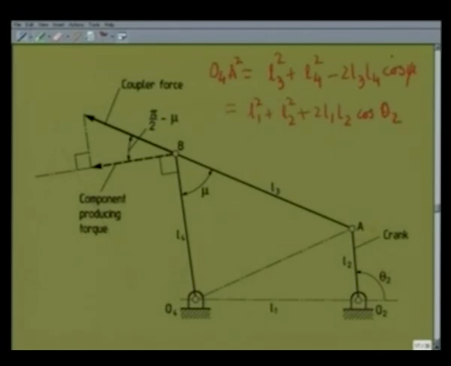If this crank rocker linkage has no quick return effect, that means L1 squared plus L2 squared is same as L3 squared plus L4 squared, then I can get an expression for cosine mu as L1 L2 divided by L3 L4 into minus of cosine theta 2.